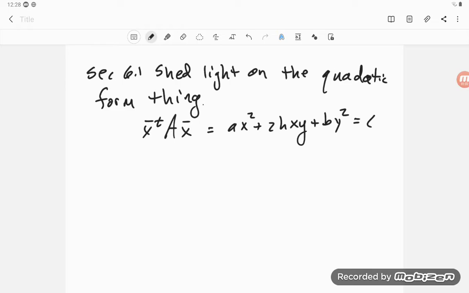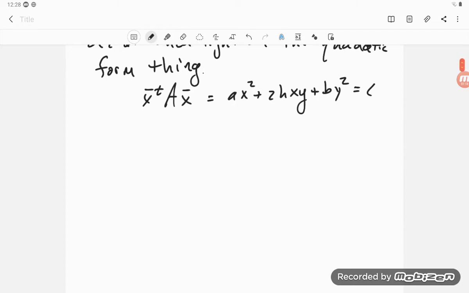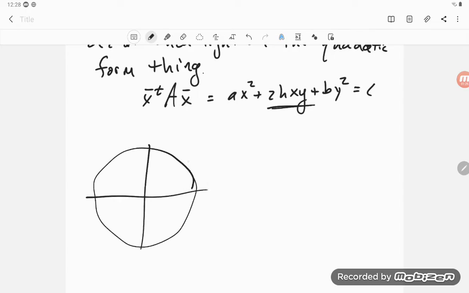And so a little bit on why we like this form to actually not have that middle term. So if we start with a circle, I know the area of this circle, if this is r here, the area is pi r squared.